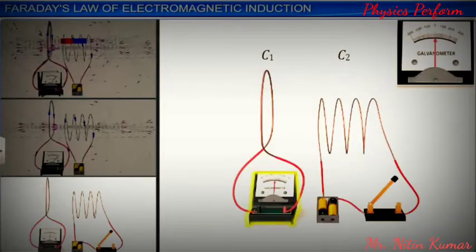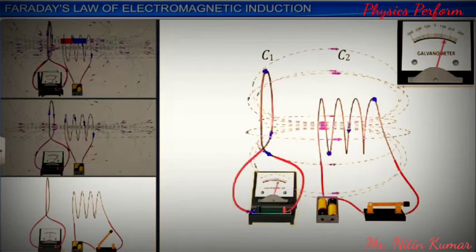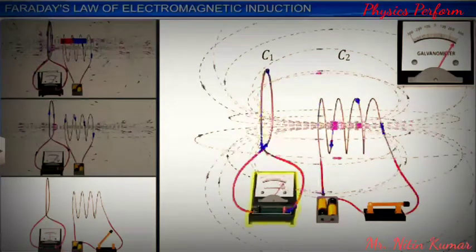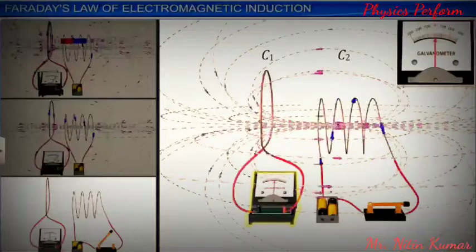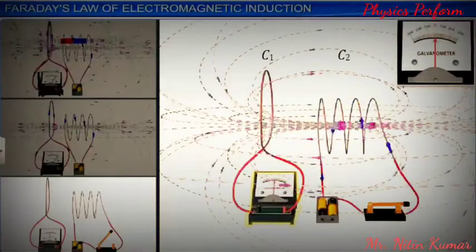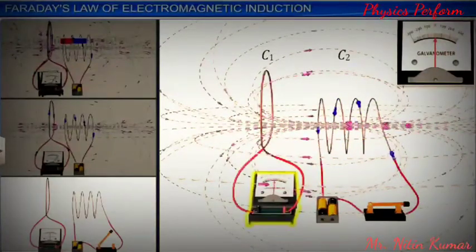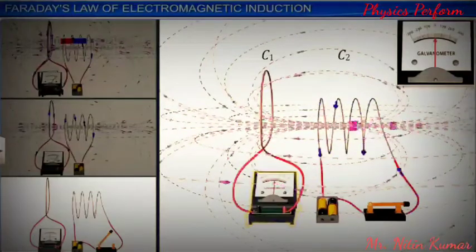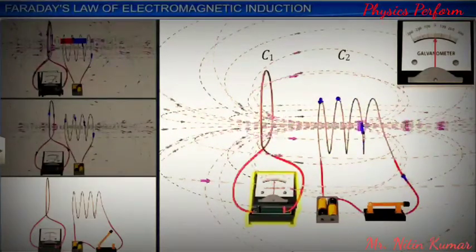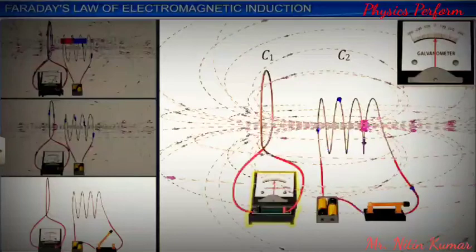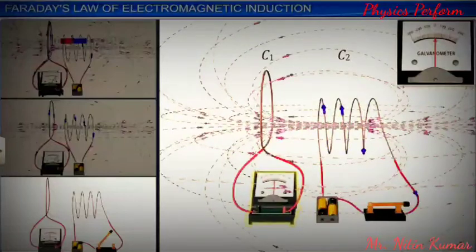In his third experiment with 2 coils, he found that if the tap key is pressed, the current in coil 2 and the resulting magnetic field rises from 0 to maximum value in a short time. This results in a change in the magnetic flux with time across coil 1, inducing an EMF in it.